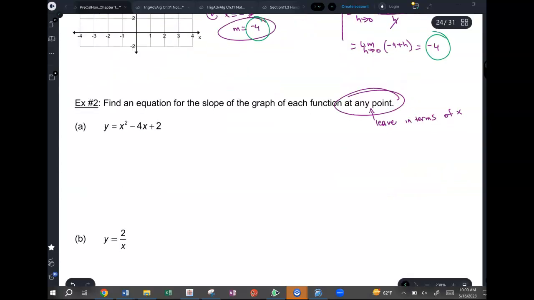I'm going to have you guys do this one. First find f of x plus h. I'll just set it up. f of x plus h is x plus h squared minus 4 times x plus h plus 2. So find what that is, and then you're going to plug it all into this.